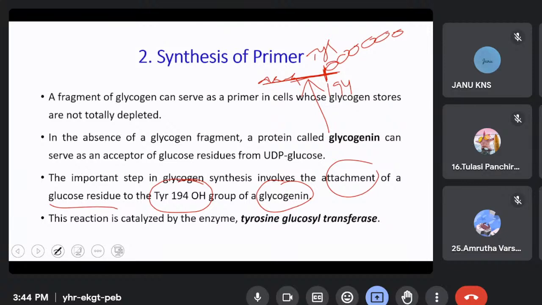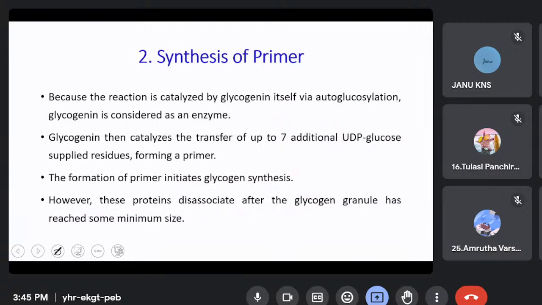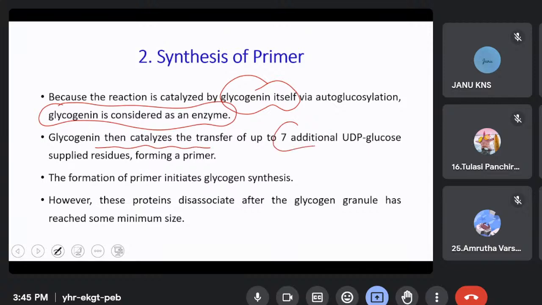This reaction is catalyzed by an enzyme called tyrosine glucosyl transferase. Next, because the reaction is catalyzed by glycogenin itself, via autoglycosylation, glycogenin is also considered an enzyme. Glycogenin then catalyzes the transfer of up to 7 additional UDP glucose residues, forming a primer.